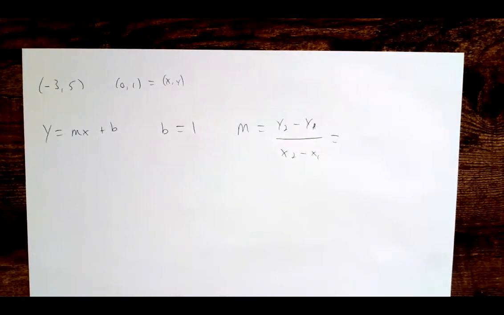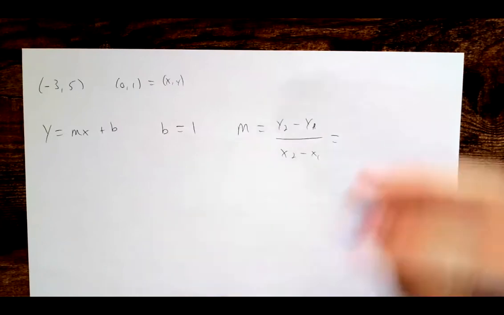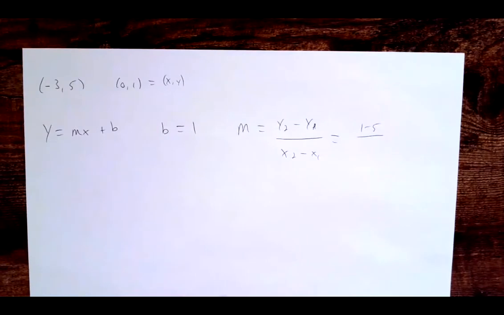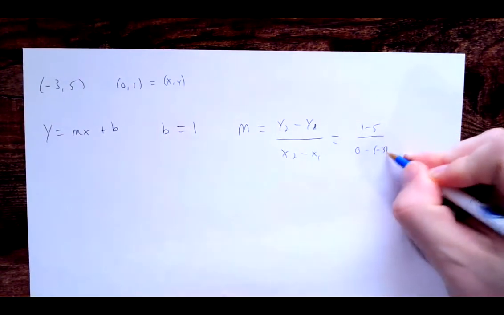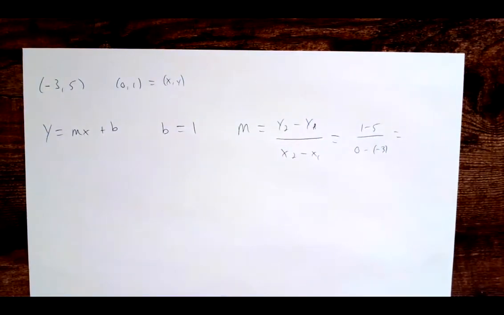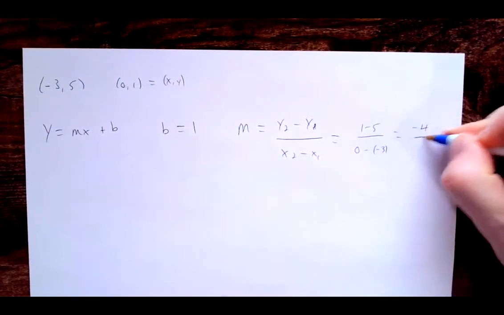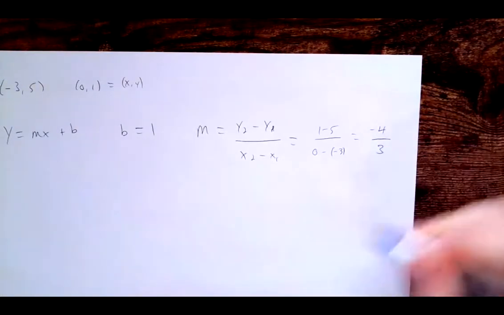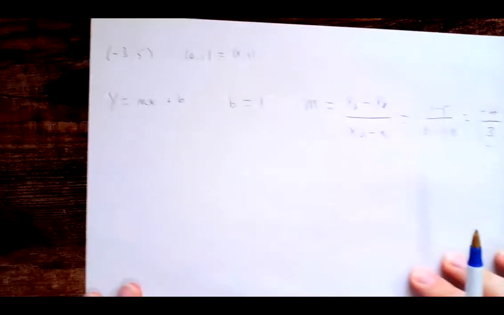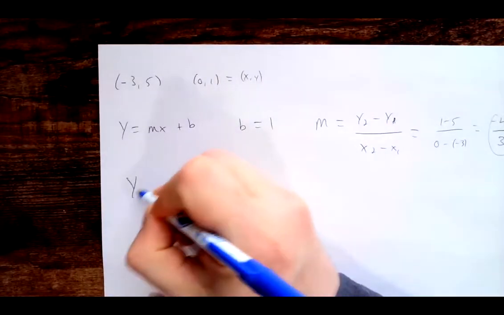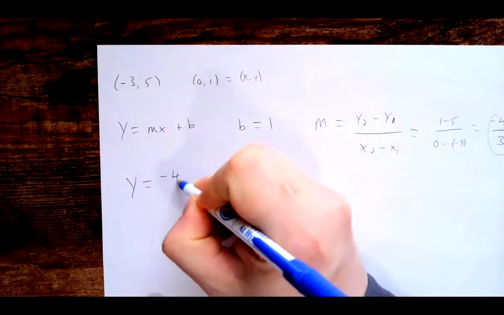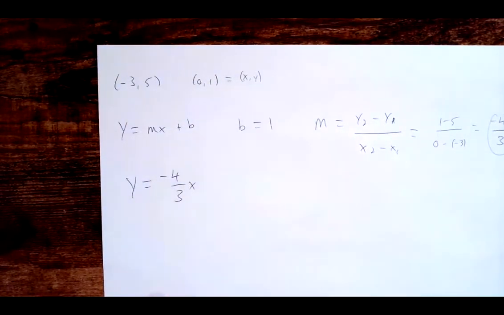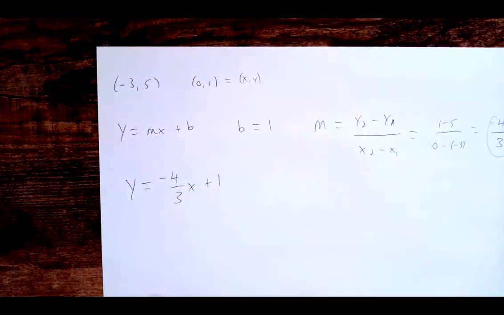So I'm going to take y2 minus y1, so 1 minus 5, over x2 minus x1, so 0 minus 3. 1 minus 5 is -4. 0 minus 3 is 3. ... So the slope is -4/3, and therefore y is equal to -4/3 x plus 1.